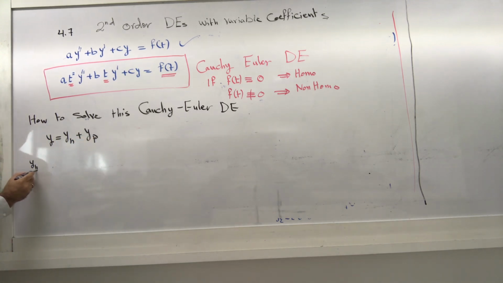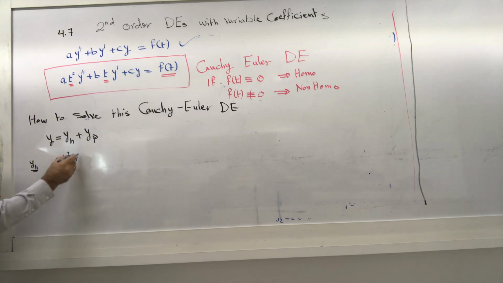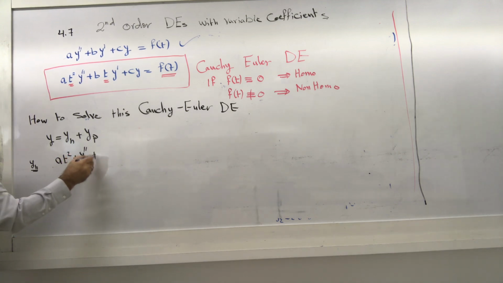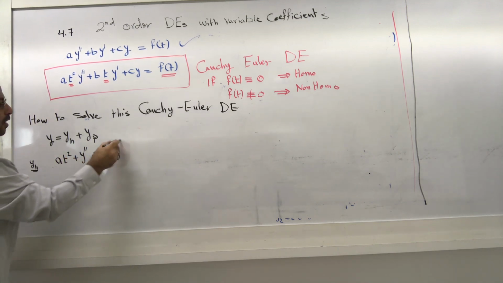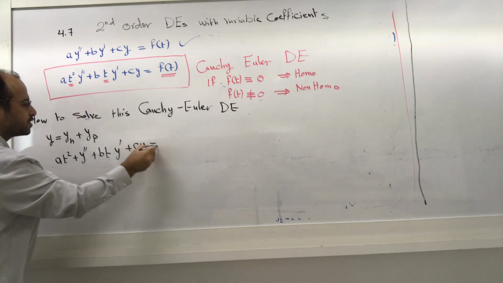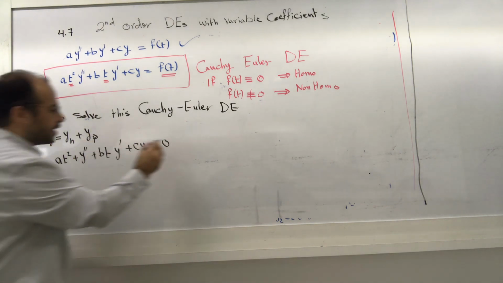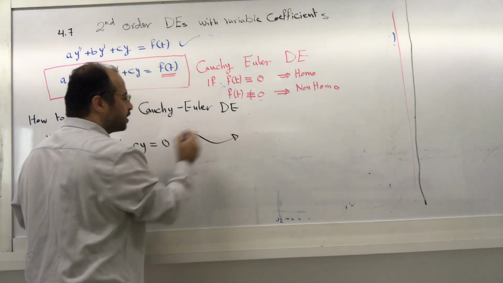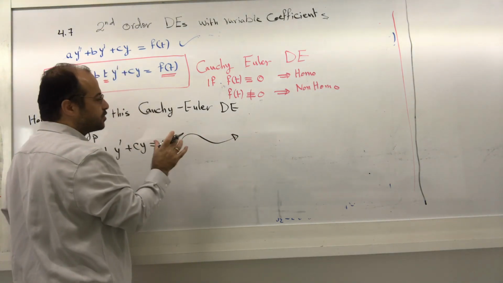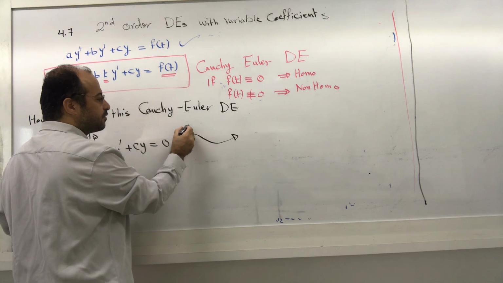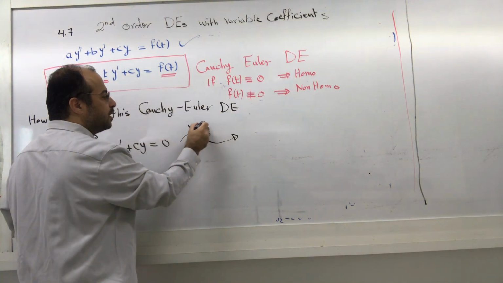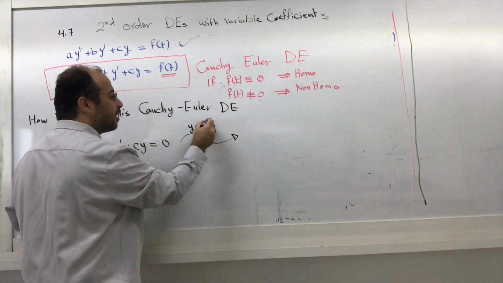In y homogeneous, you go with a t² y'' + b t y' + cy = 0. Now you need to change this to an algebraic equation, but in this case you assume that your solution has the form y = t^r.